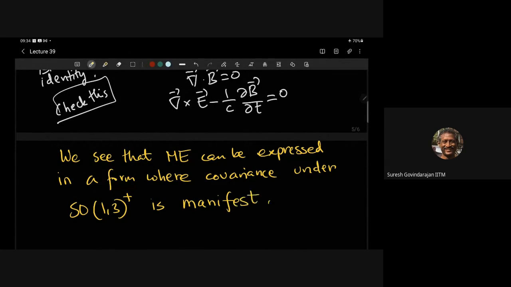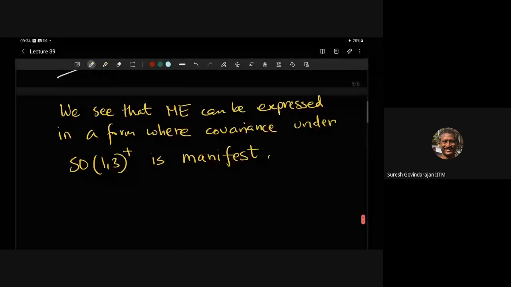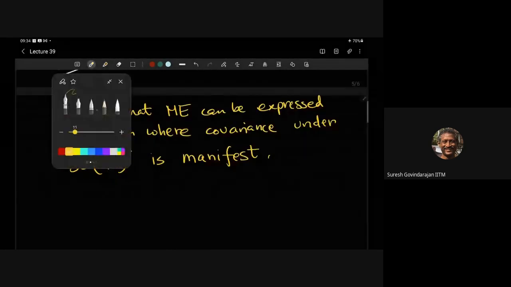Okay, manifest means visible. There's nothing to check. All I have to tell you is F mu nu is a second rank antisymmetric tensor. Okay. One more equation that we know, the equation of continuity.